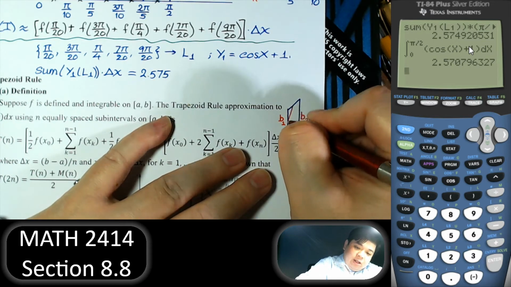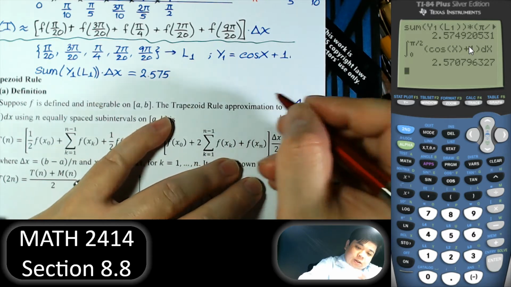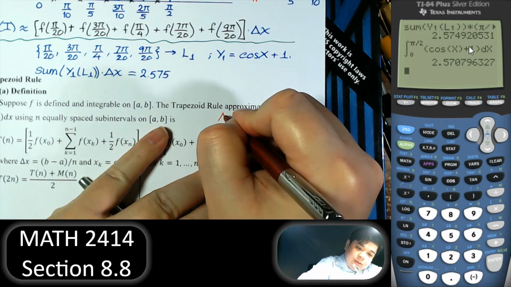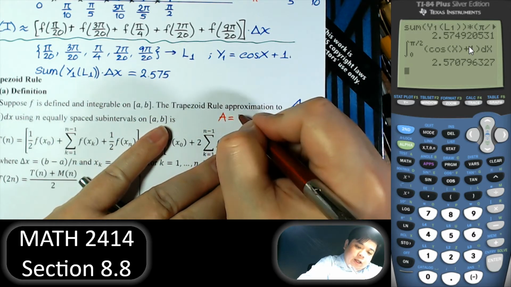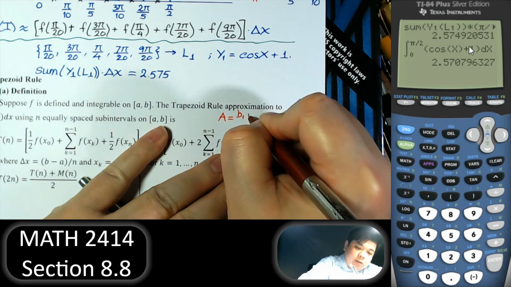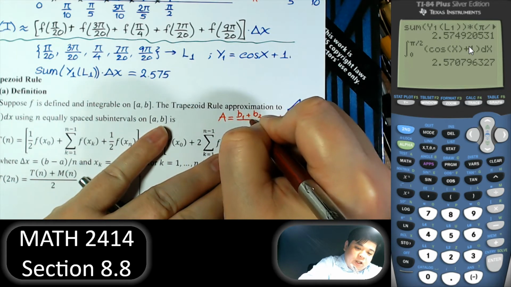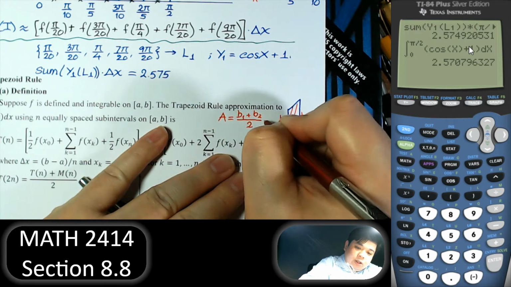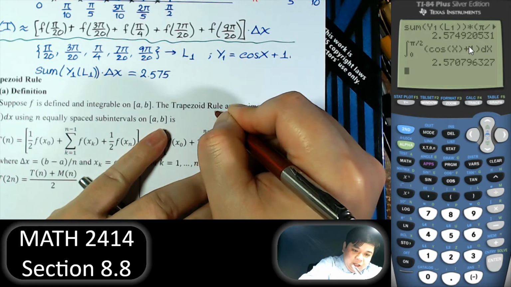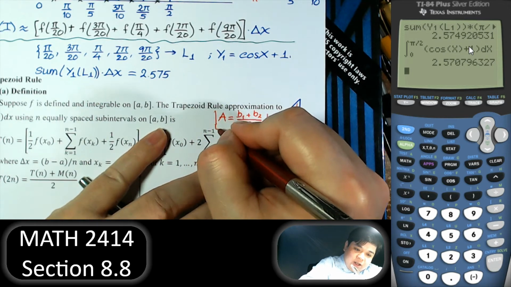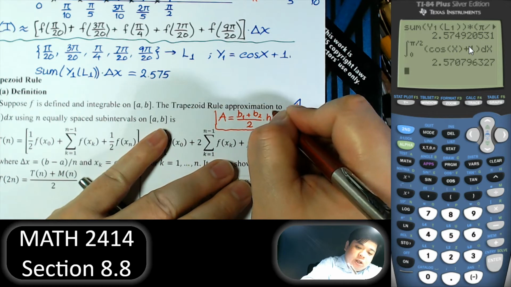The area of that is base 1 plus base 2 divided by 2 times the height. So that is the area of one trapezoid.